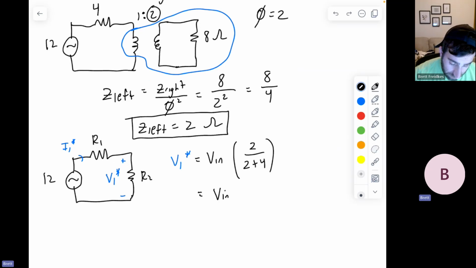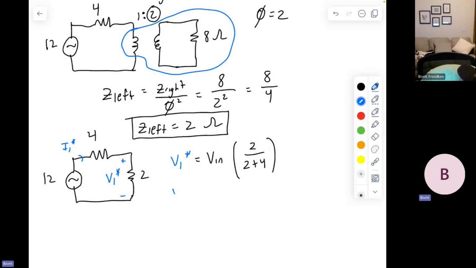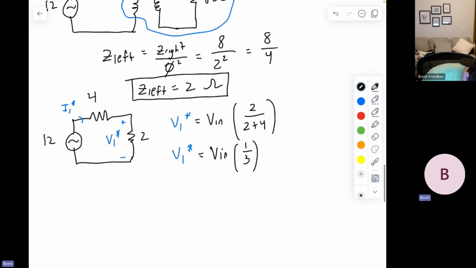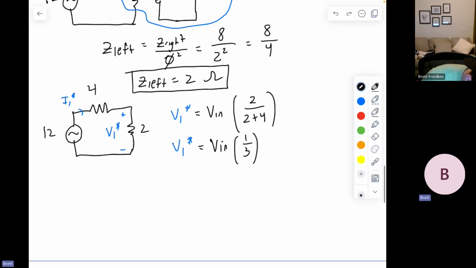I'm hoping that that is more review, if anything. So this basically says that V1 star will be the same as Vn times 2 over 6, which is a third. And in this problem, I'm saying that the amplitude of Vn is 12. So V1 star is equal to 12 times a third, which means that V1 star is equal to 4.